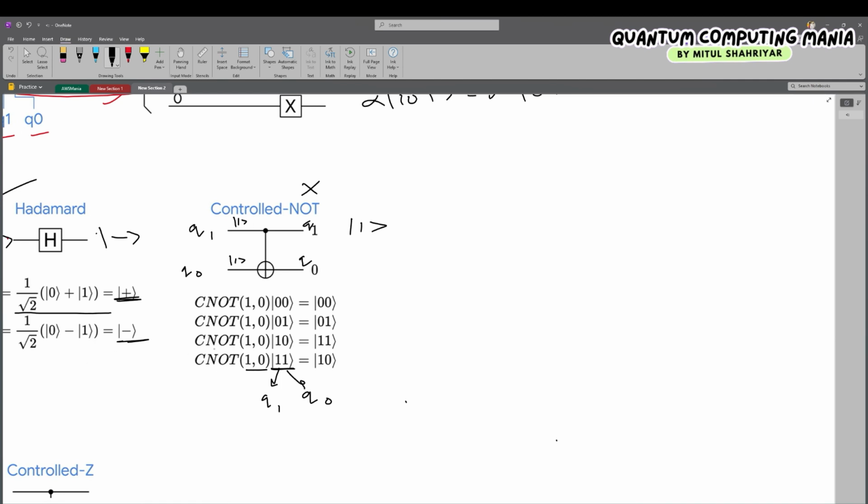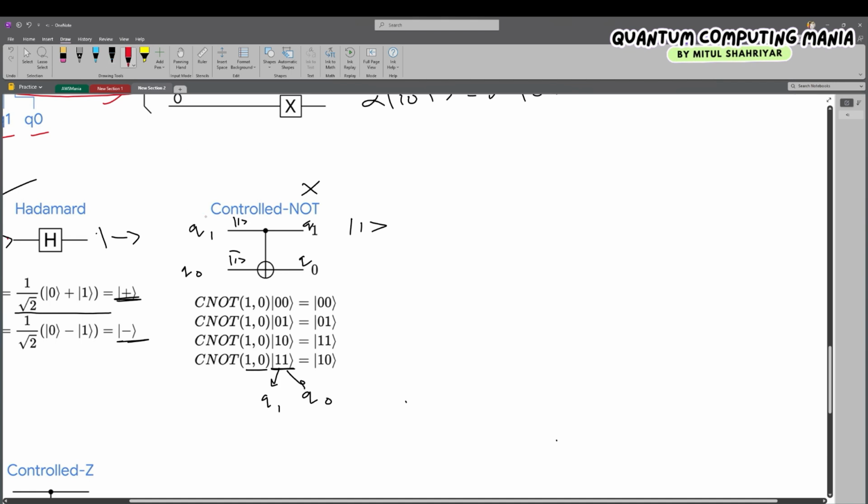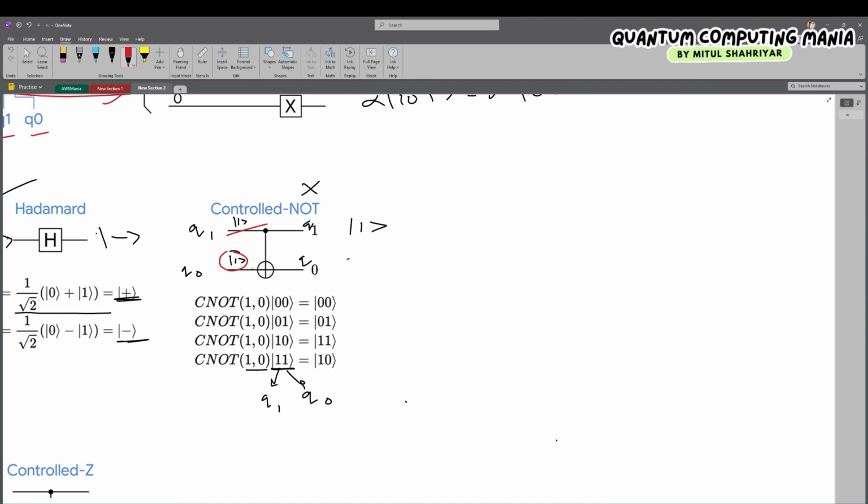If the controller has the value 1, then the value of the target flips. The control qubit is 1, so this should be flipped. When it passes through this one, it flips and becomes 0.